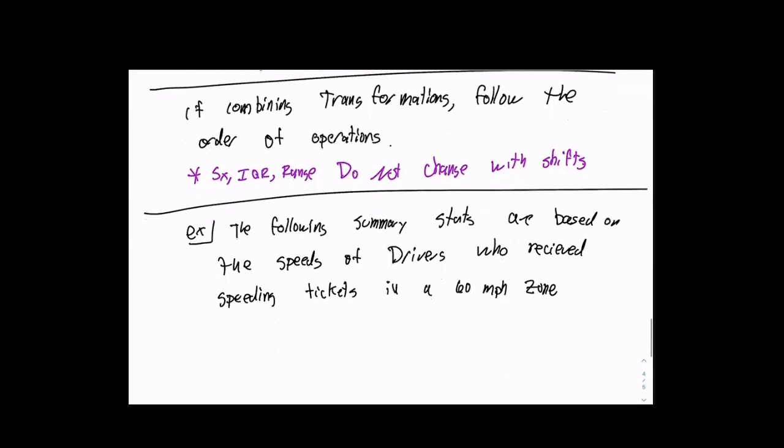Okay, so in other words, the speed limit was 60 miles per hour. Everybody that we're going to talk about right now got a speeding ticket.